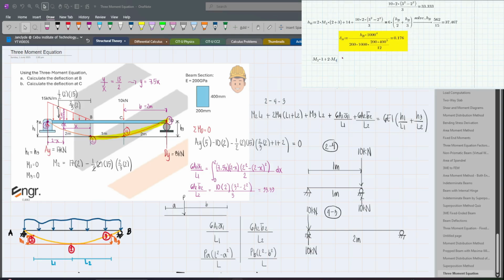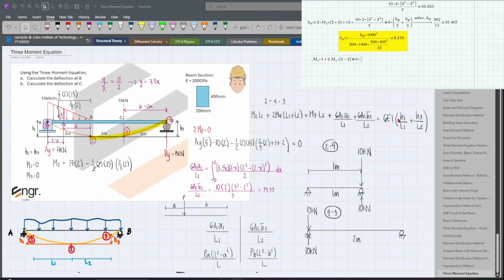Tapos, L1 plus L2 would be 1 plus 2. 1 meter, then 2 meters. Then wala nang 3-moment equation factors, automatic na yan, equal to 6EI times, now sir, what is H1 over L1?